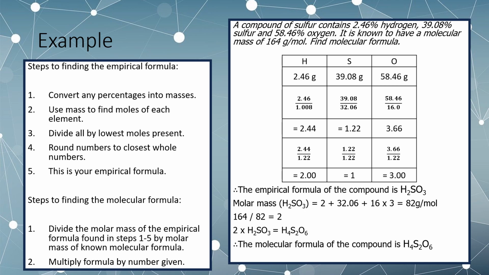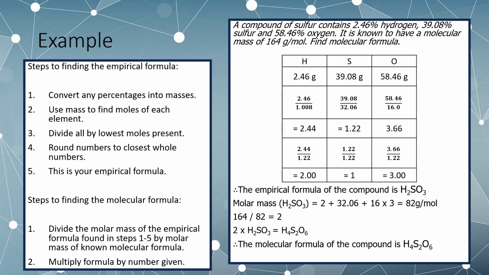Now our next step, so step 3 we're up to now, better not skip a step, is divide all by the lowest moles present. So in this case, if we look at which numbers we've got, we can see that 1.22 is our smallest number. So we're going to divide all three numbers by 1.22. This is dividing all by the lowest moles present. It's our step 3.